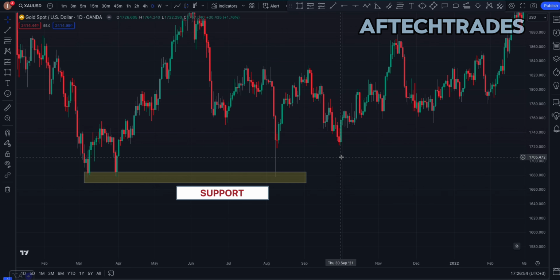Yes, a breakout. So let's extend this to the right side and see if we can get a breakout around this. Okay, there's another support here, right? There's another support here, and yes, we can see a breakout here.